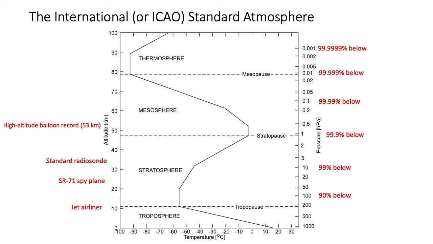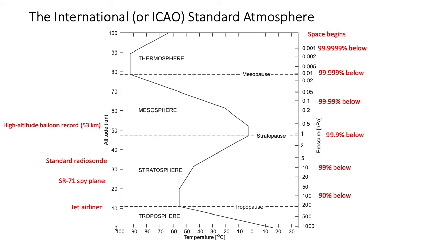And we can continue on, and eventually we get to where there's virtually no air left. It's all below that level. And 100 kilometers is what I like to think of as the point where we can really be talking about outer space. This is partly because of what I talked about earlier.